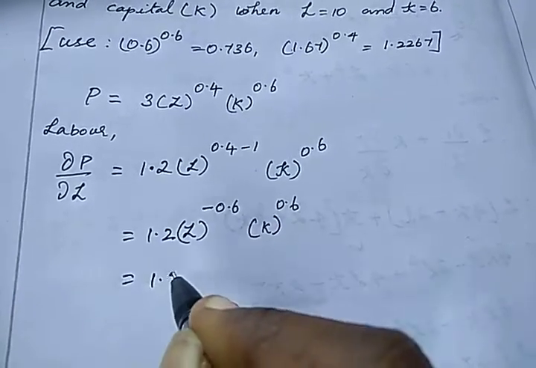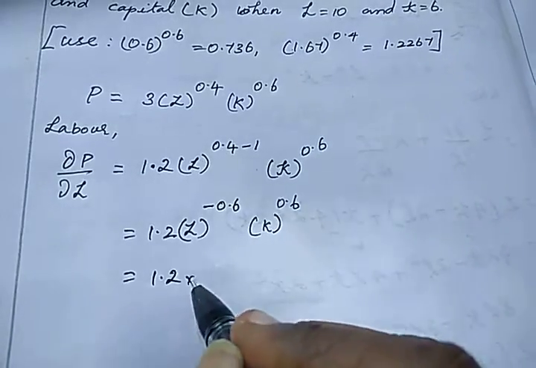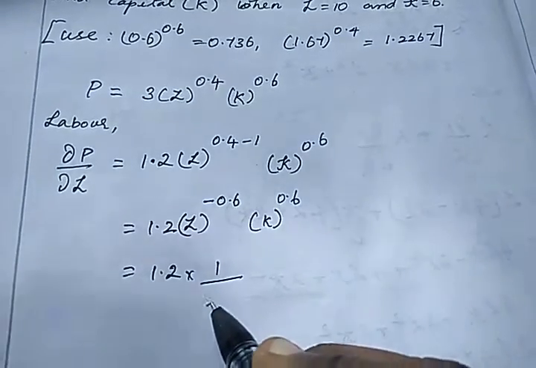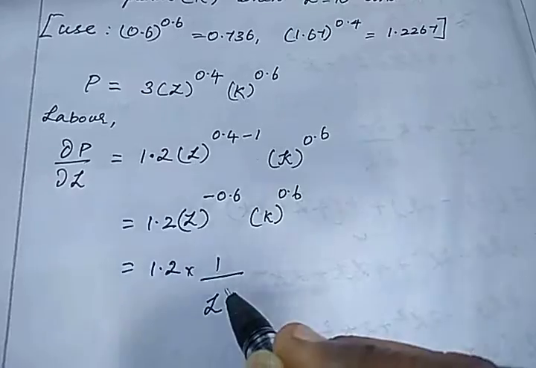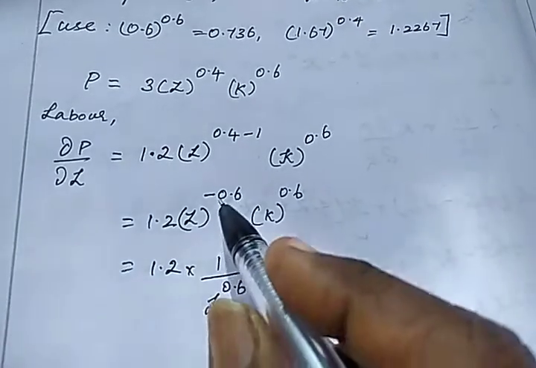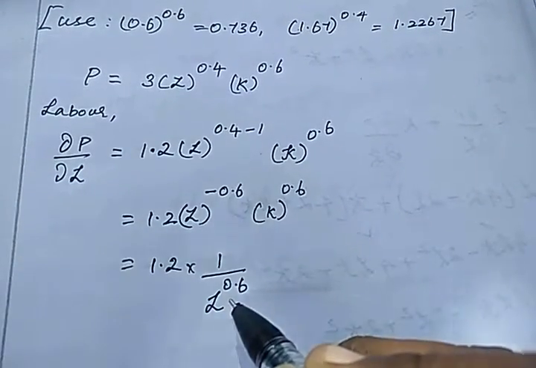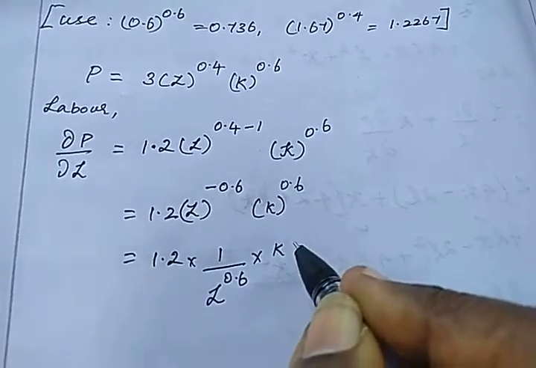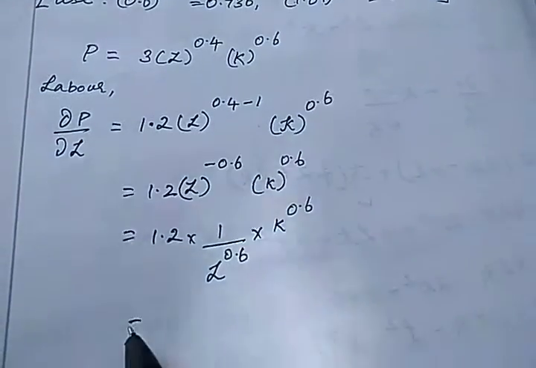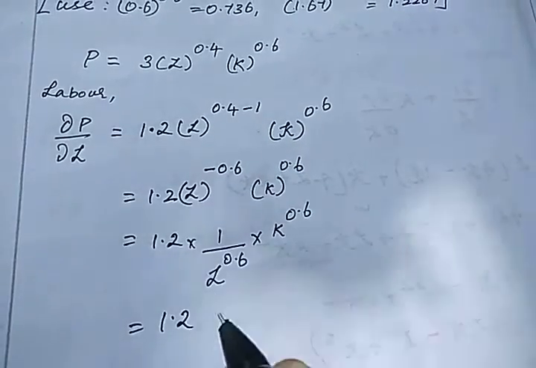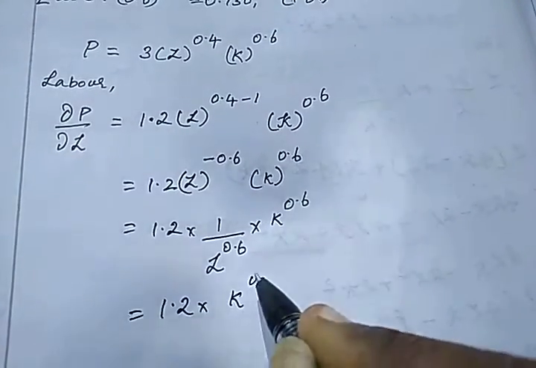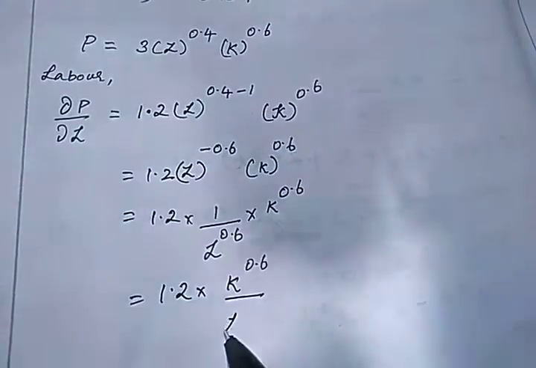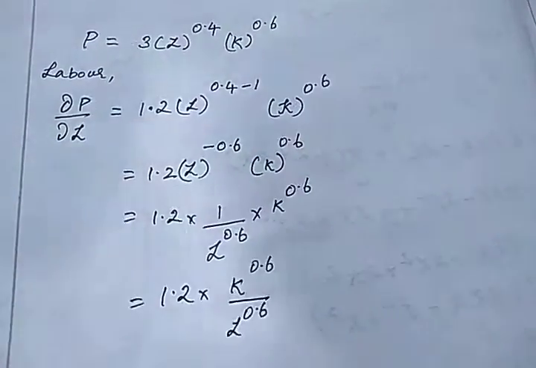So this is negative power. I am going to make it a positive power by bringing this term to the denominator. So minus 0.6, when it goes to the denominator, it becomes plus 0.6 into K to the power 0.6. Rearrange and write 1.2 into K to the power 0.6 divided by L to the power 0.6.